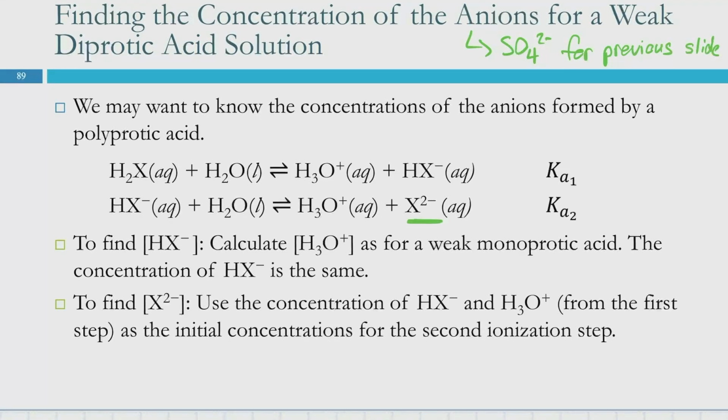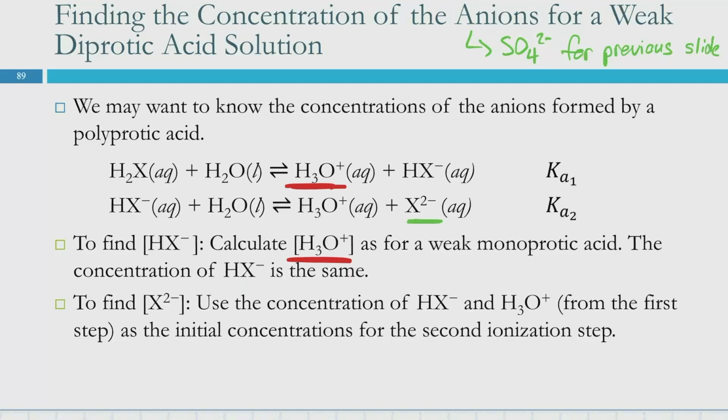So this is going to be similar to our first example of stuff with diprotic acids. For our first step, we're calculating the H3O plus. We do it in red. So we're going to find our H3O plus for our Ka1, and the concentration of HX minus is going to be the same.